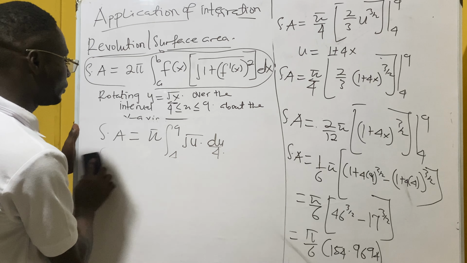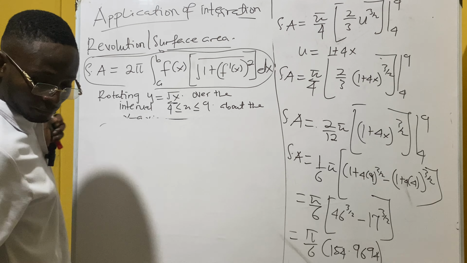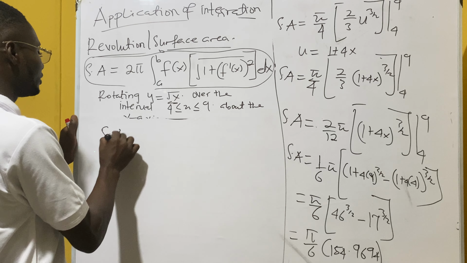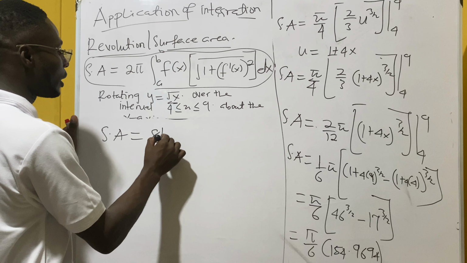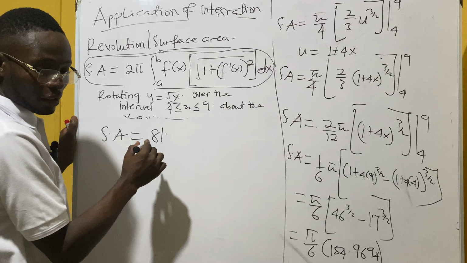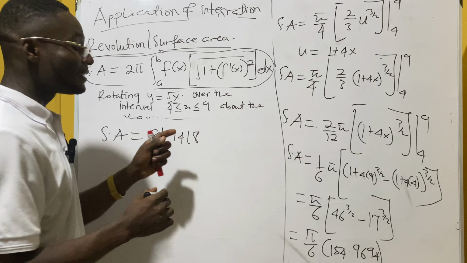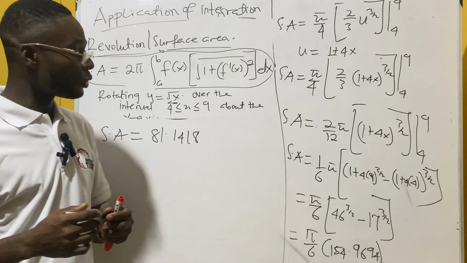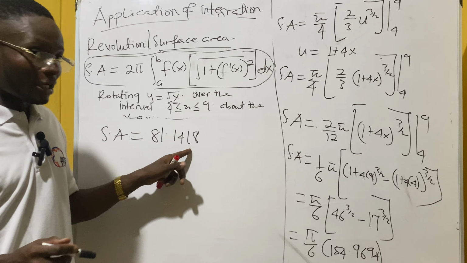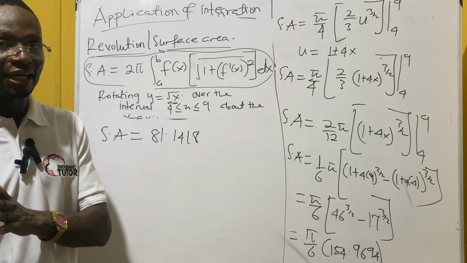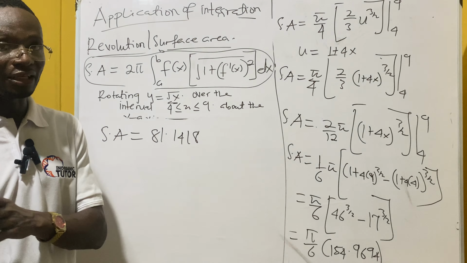Now let's combine the results. Okay, so when we combine the results, then we are going to have surface area equal to 81.1418. This is surface area, so we don't know the exact area that we are talking about, whether it's a rectangle or whatever.